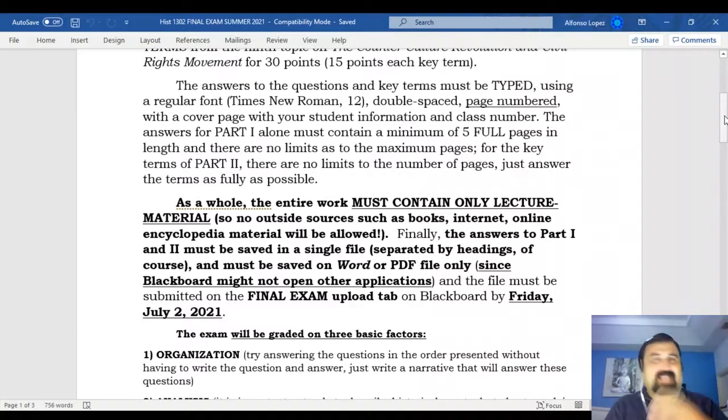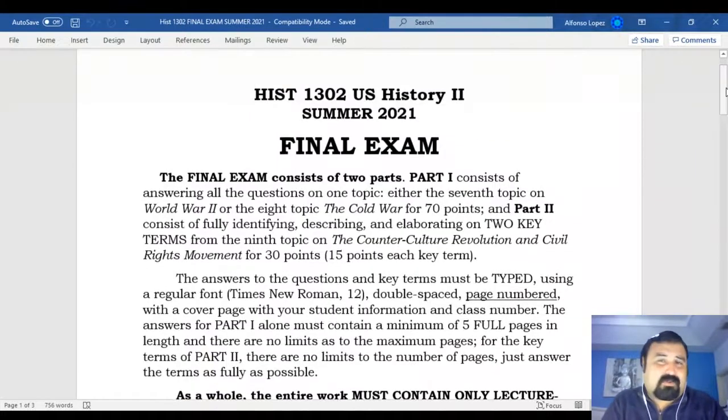This is very similar to the exams we've had in the past. Not much has changed. If you've already completed the first and second exams, you're very familiar with the format, and we're keeping the format. So this is all I have for you.